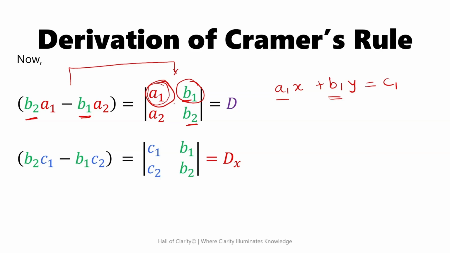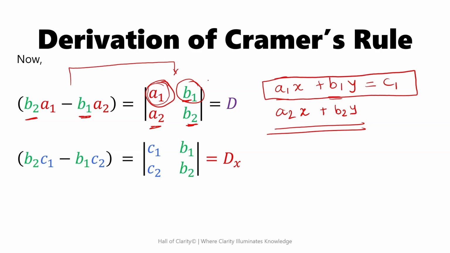So this represents the first equation, and this a2 b2 represents the second equation. Now as you can see, we write equations in the horizontal form, therefore we have to write the coefficient of x of the second equation in the first column and the coefficient of y in the second column. So in this way we write the determinant from the simplified form.